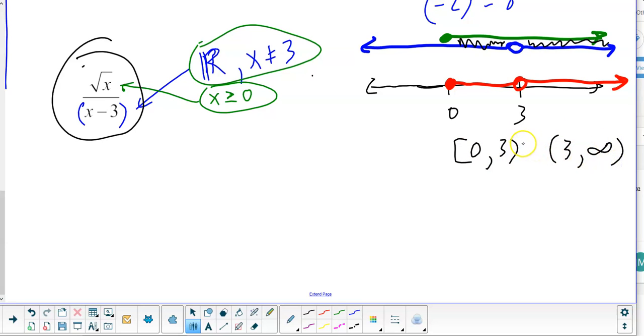And we're doing the intersection or union of the 2, I guess, union of the 2. Or you could say 0 less than or equal to x less than 3, or x greater than 3. That would be acceptable as well. So either one of those answers, if you wrote them out, would work there.